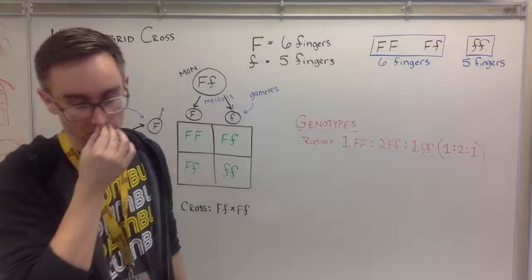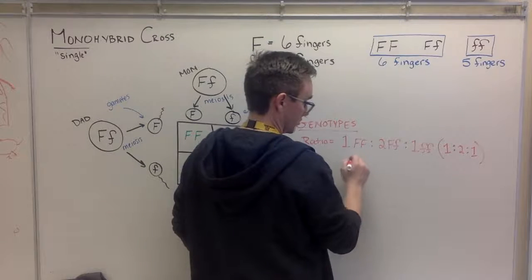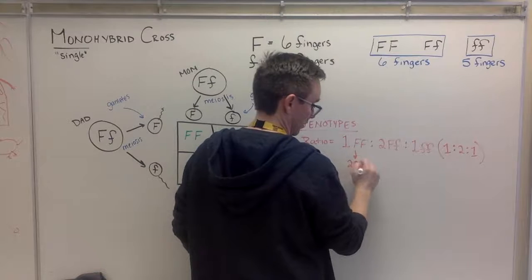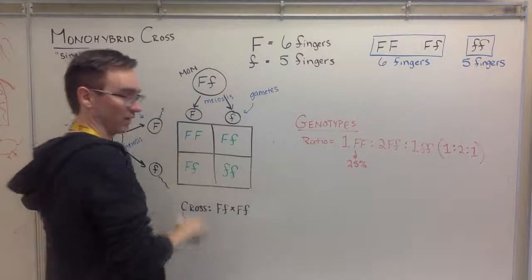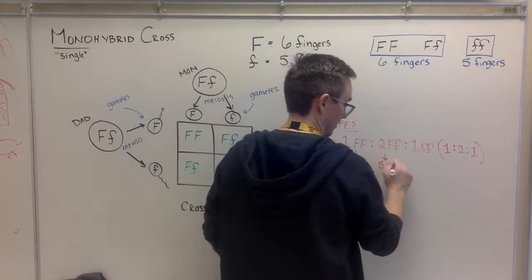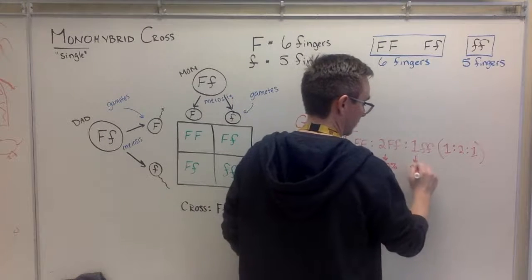Another way to think about it is this is 25%, because there's one out of the four options. One out of the four options was this, 25%, 50%, 25%.